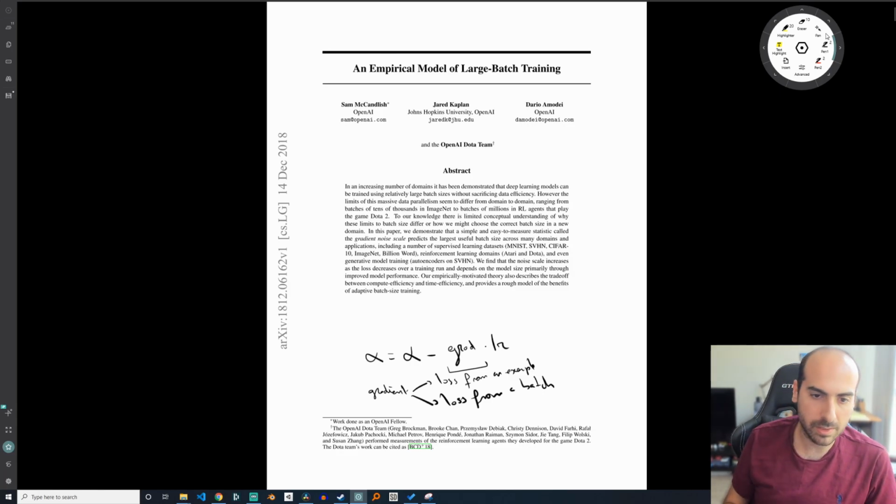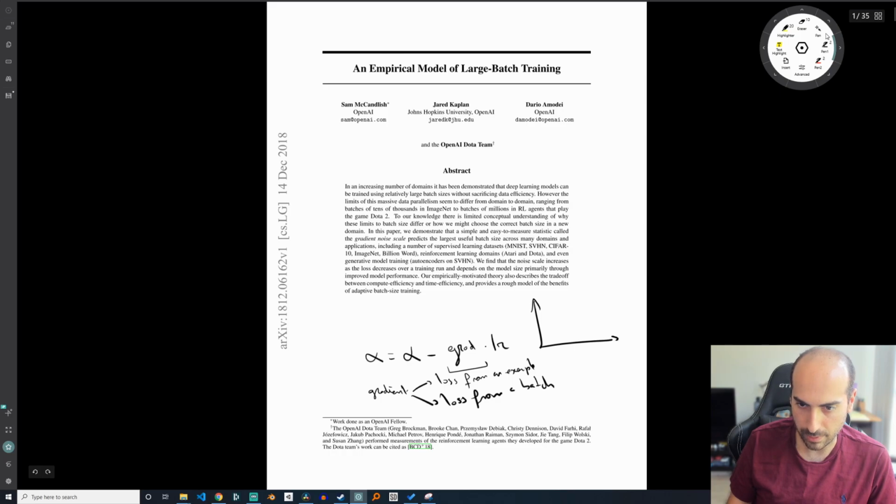So why is this distinction important? Well, typically when you're trying to train some sort of model, let's say this is time, and this is your loss, and you generally want this to go down and eventually hit somewhere close to zero.